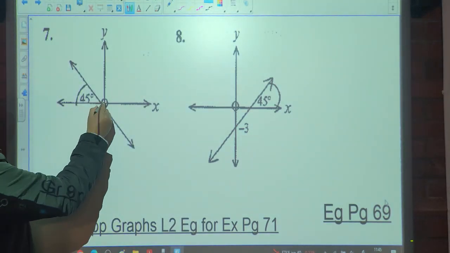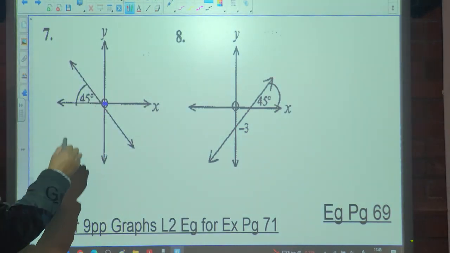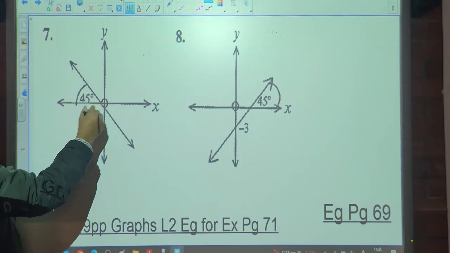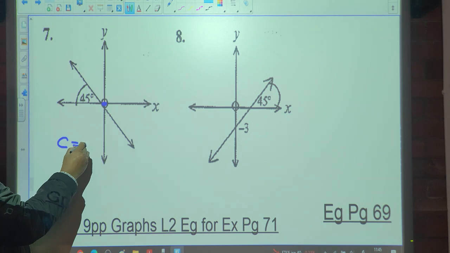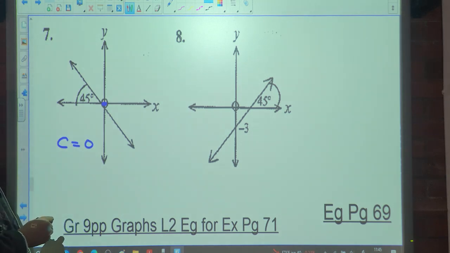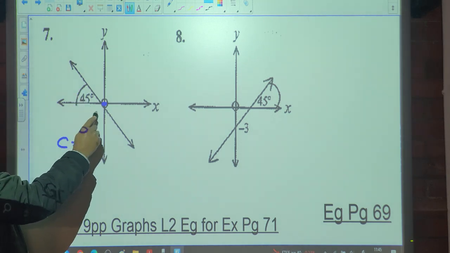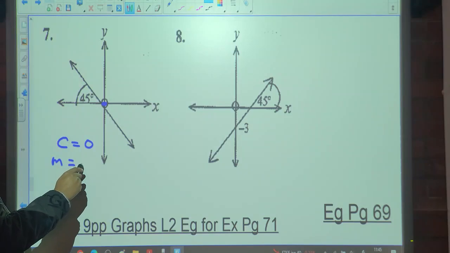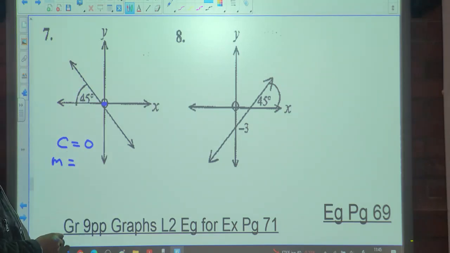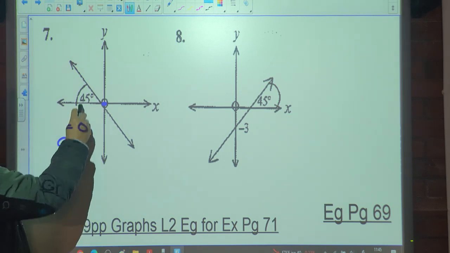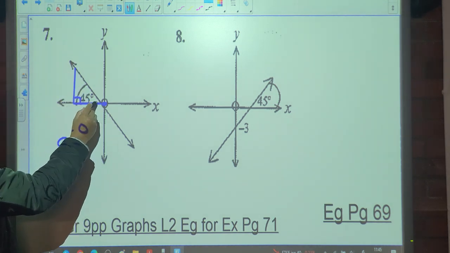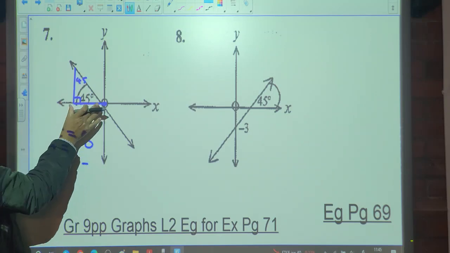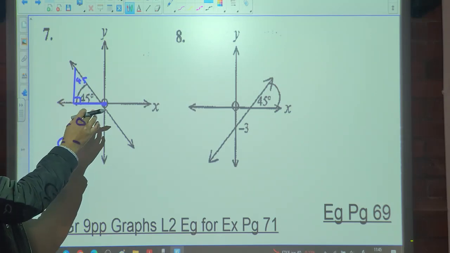People, this is actually going through the origin. So what's your c value if it goes through here? If it's 45 degrees, is this gradient positive or negative? It's decreasing. It's negative. So it is 45 degrees and I complete a right angle triangle; if that's 45 and that is also 45, this is what you call an isosceles triangle.